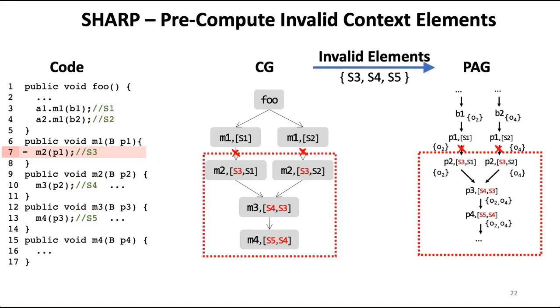Then we leverage the invalid elements to identify invalid nodes and edges in the call graph and PEG. Every call graph node, pointer, and object node which has S3, S4, or S5 in its context becomes invalid and should be removed. Since they have no outgoing edges pointing to a valid node in the graph, we directly delete them.